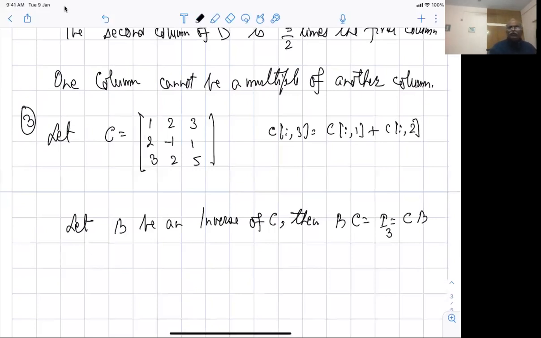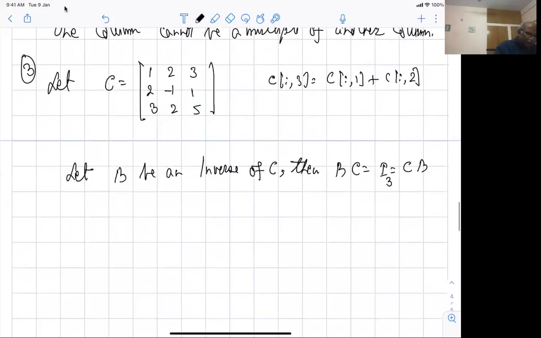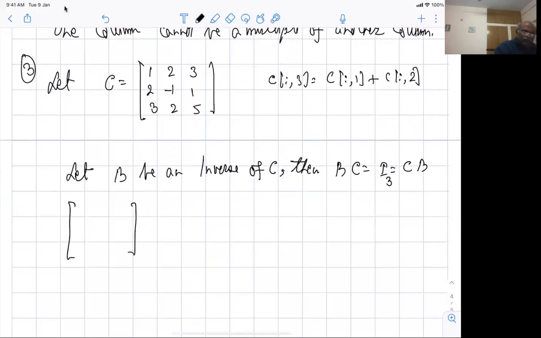I want to just multiply and see what is happening. So let B be something here. Whatever B I have, I don't know what it is. But C is for me 1, 2, 3, 2 minus 1, 2, 3, 1, 5.